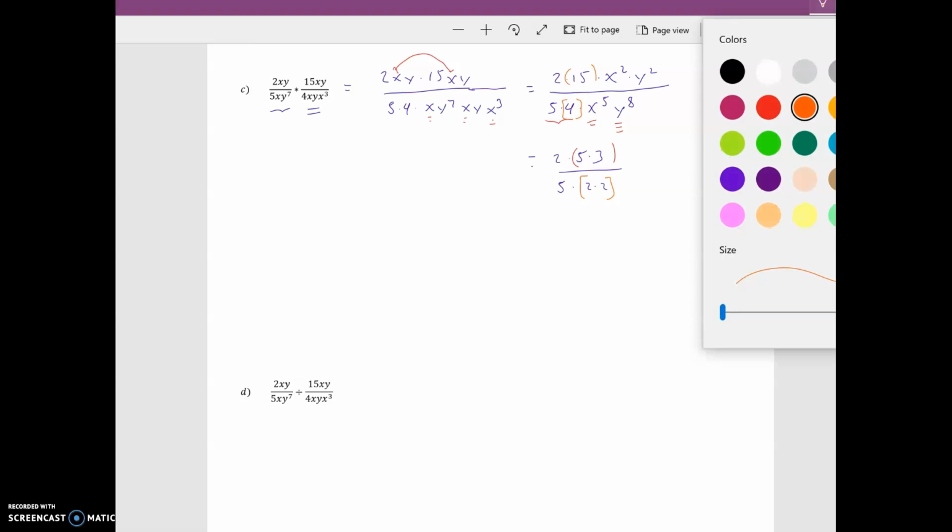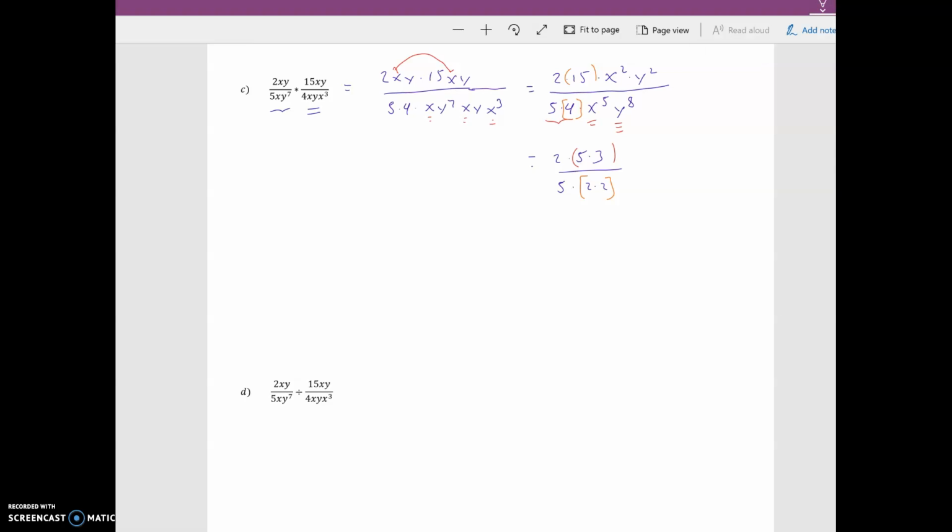Let's take a look at your x's. As you combine your x's, you're going to end up with 1 over x to the 3rd. That's because you technically have 5 at the bottom. And then as you combine the y's, you're going to have times 1 over y to the 6th. So as we combine and cancel common factors, you can cancel the x's, you can cancel one of the 2's.